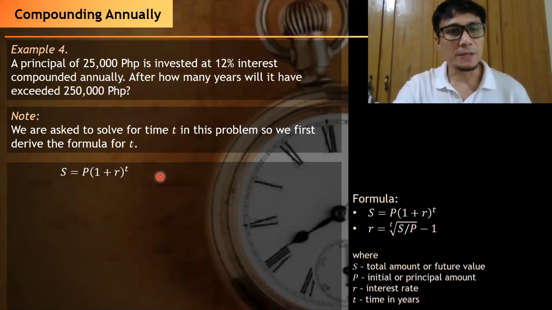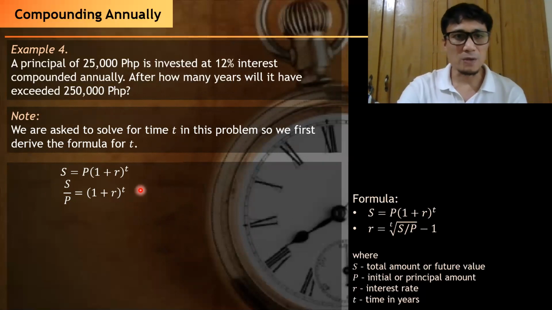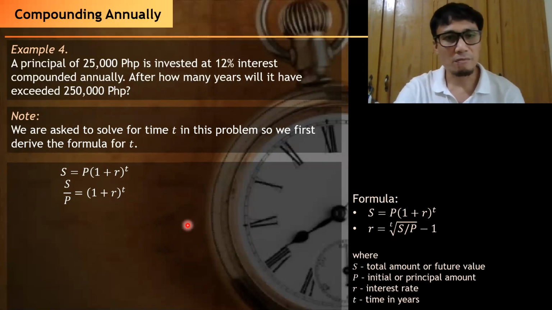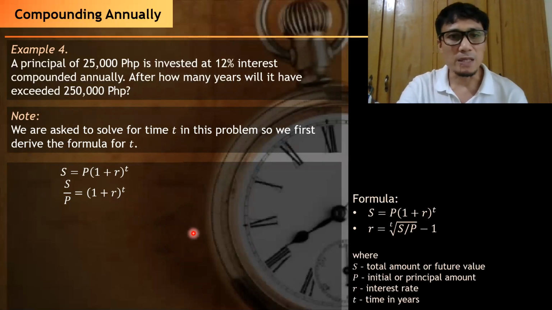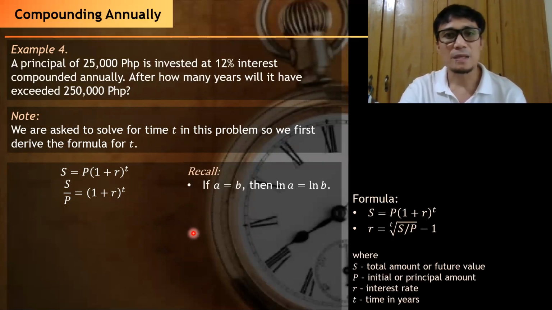Of course, first we isolate P. We divide both sides by P. That means that we have S over P equals 1 plus R raised to T. The problem here is how to isolate T because T is an exponent. We need help from properties of logarithms, in particular the natural logarithm.